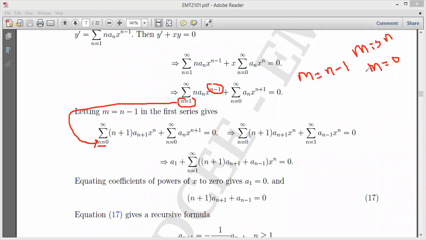Okay, so I am saying if this gives us that there, we now want to unify this. You can see that from here, everything runs from 0. But now, when we differentiated this, we got n here. But we need to rethink this. Since n minus 1, we are saying m is n minus 1. It means now the n minus 1 becomes n.